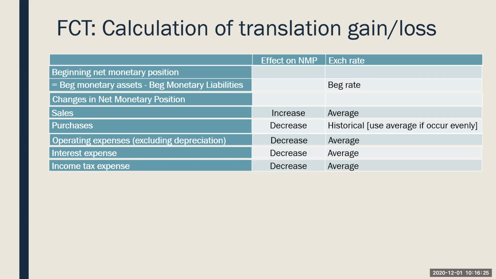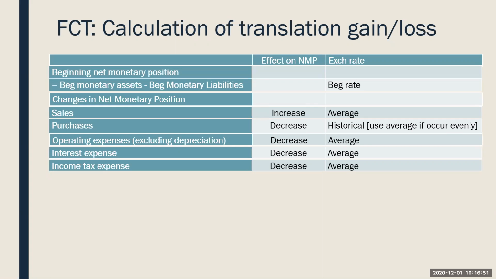Income tax expense can sometimes cause a little bit of confusion. We may calculate income tax expense at the end of the year once we have determined the income before tax, but the income itself has been earned throughout the year. So the income tax expense relates to income that has been earned throughout the year.